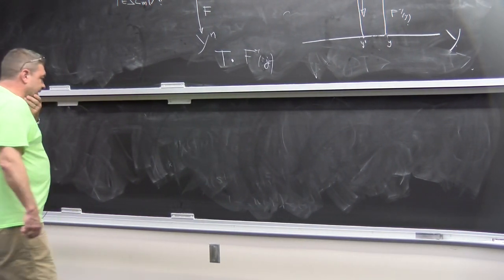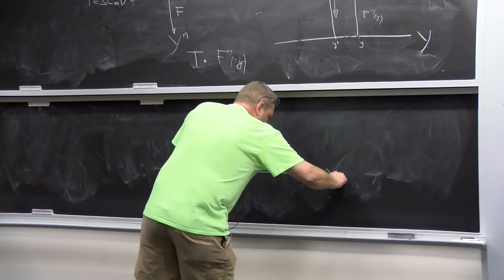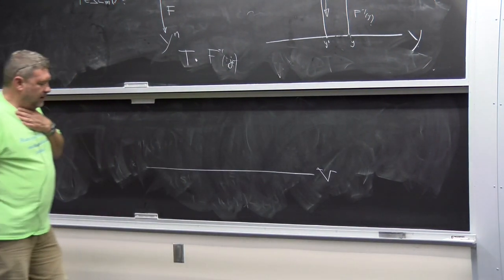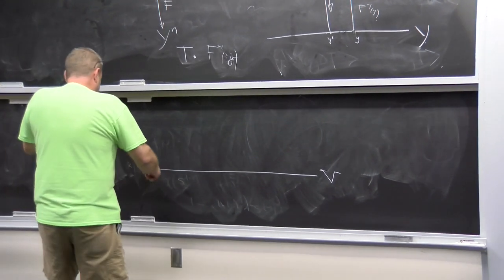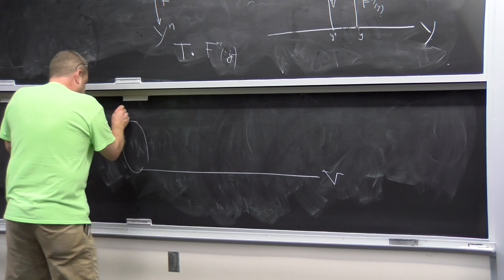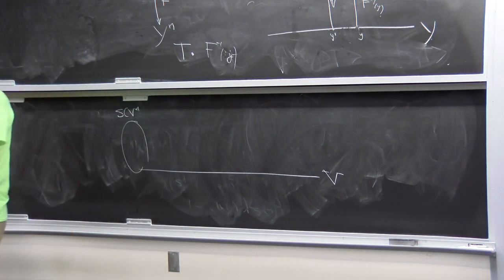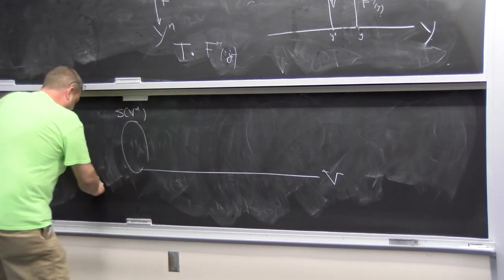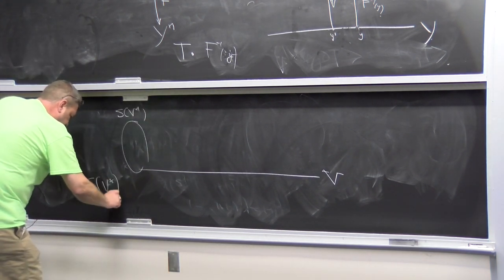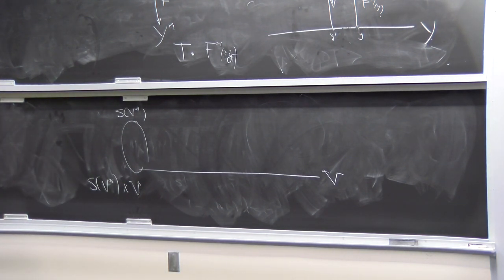So here I'll draw a picture. This is our vector space V, and this is the unit sphere in the dual. So what I'm depicting here is the unit cotangent bundle. Here I have S V star cross V. That's a manifold, as real analytic as possible.